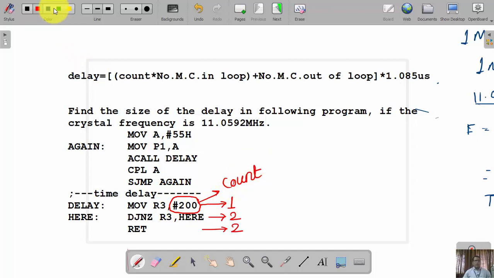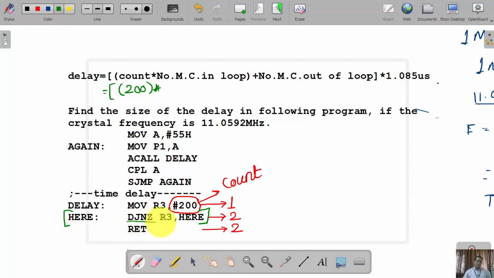Okay. So now I am going to put the values here. As per the formula, it's 200 multiplied with the number of machine cycles in the loop. So when I pay attention here, this specific instruction is executed repeatedly, right?